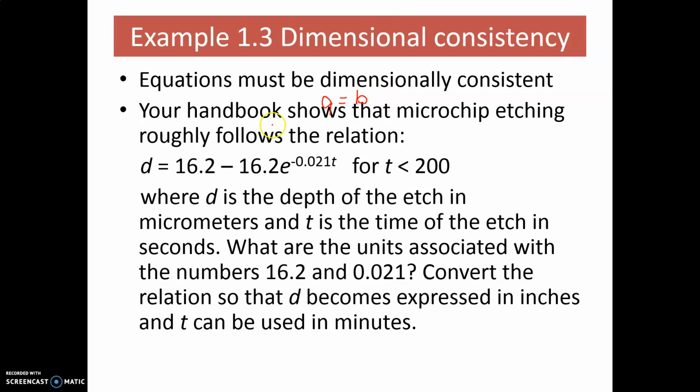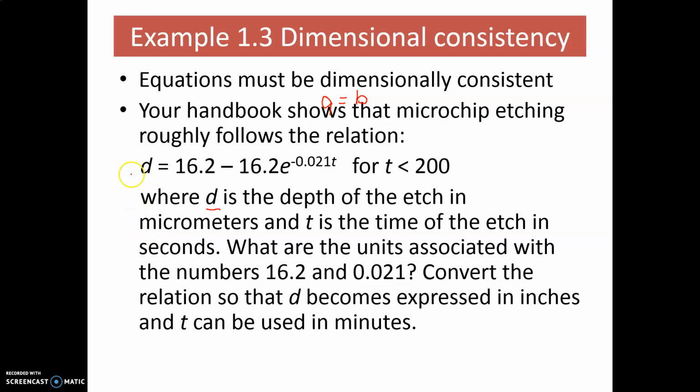Yeah, so I'm going to show you another example here, example 1.3. Your handbook shows that microchip etching roughly follow the relationship D equals to 16.2 times e exponent negative 0.021 T for T less than 200, where D is the depth of the edge in micrometers.